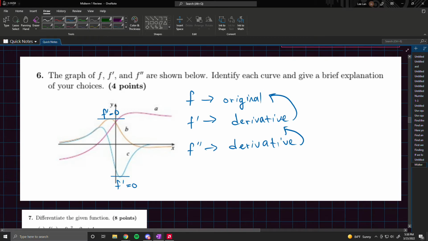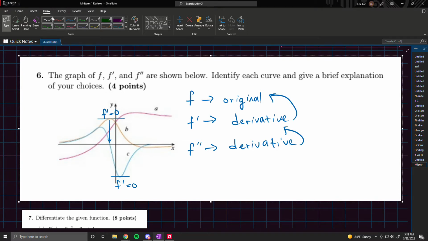And so you need to look at the corresponding graphs and see which of these graphs, when my original function has a derivative of 0, has the y value also 0 at that point. So it looks like we kind of stumbled onto one already.